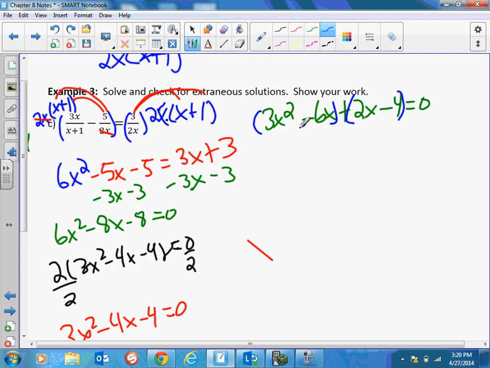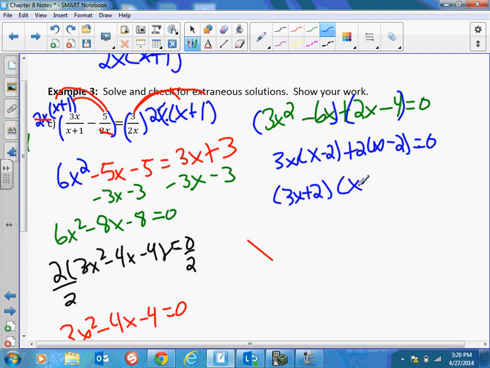So then we got to group them. Take out a greatest common factor. This one's 3x. We take out 3x, and we're left with x minus 2. Take out a 2, and we're left with x minus 2. So our answer is going to be 3x plus 2 and x minus 2. So our two answers, one's going to be easy to find.